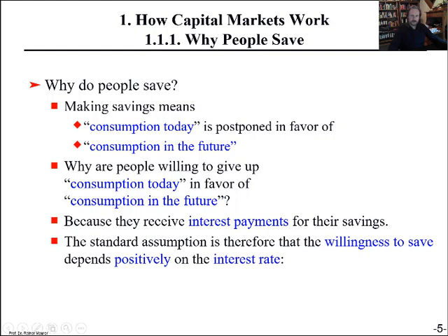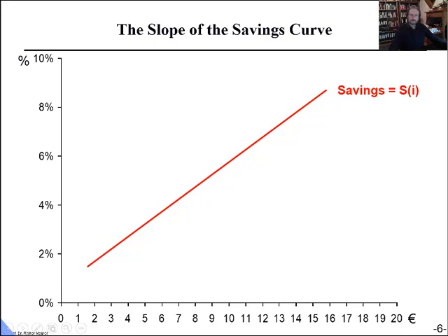The standard assumption in microeconomics is therefore that the willingness to save depends positively on the interest rate. As a result, the savings supply curve has a positive slope, as this diagram shows.